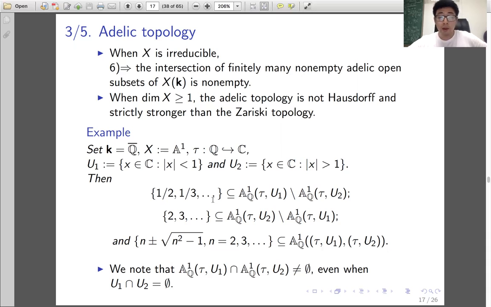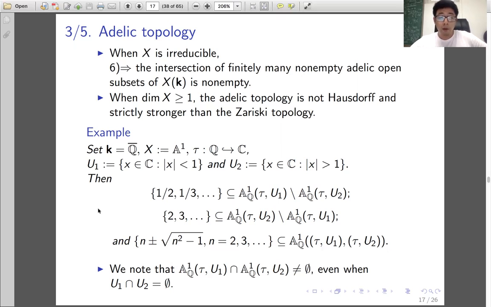is contained in A^1(Q bar) tau U_1, but not in A^1(Q bar) tau U_2. And the set 2, 3, 4, and so on is contained in A^1(Q bar) tau U_2, but not in A^1(Q bar) tau U_1.